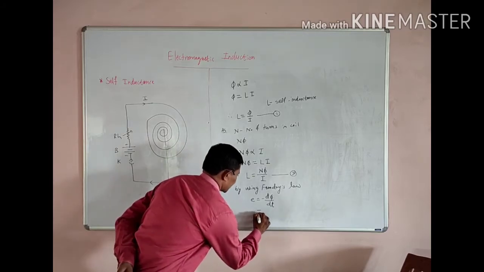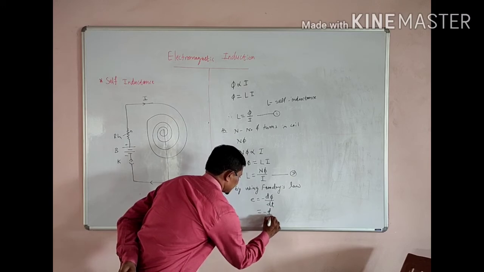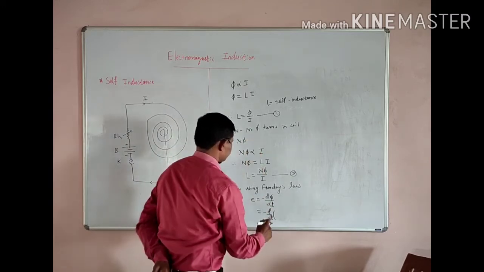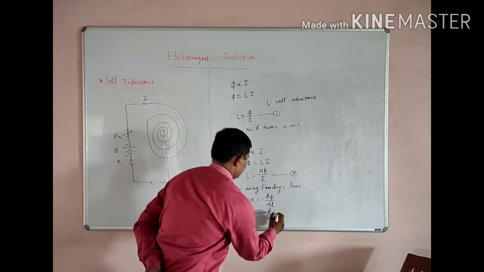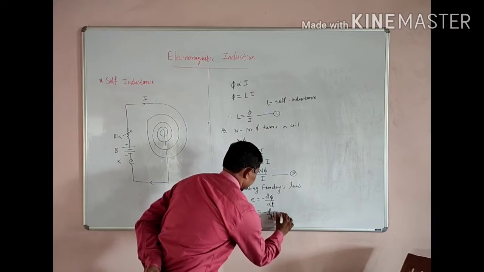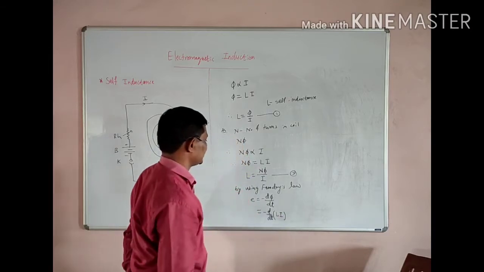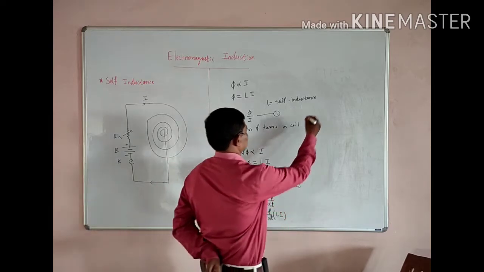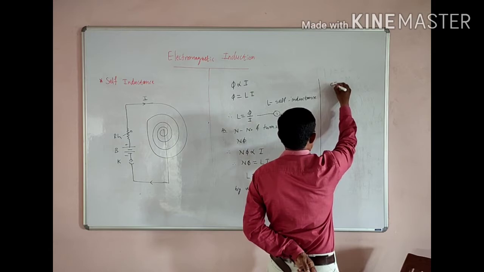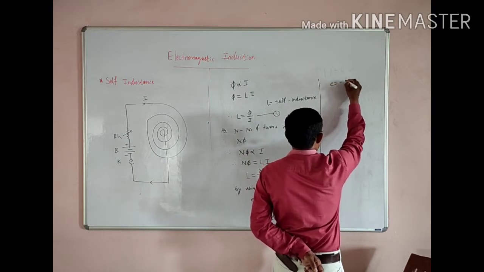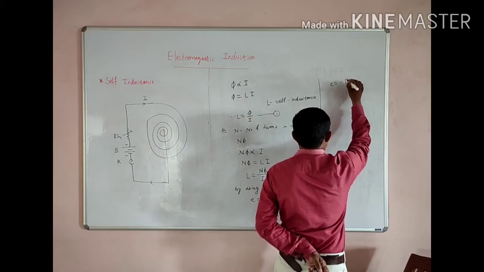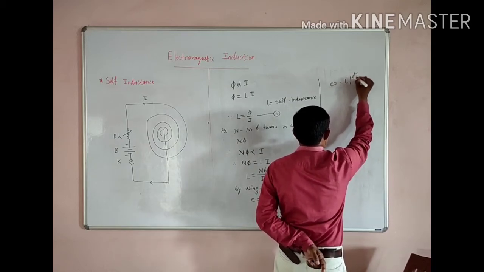Substitute here the value of phi: minus d by dt of this N phi is nothing but L into I. This will give the relation that E is equal to minus L, taken outside since it is constant, dI by dt.